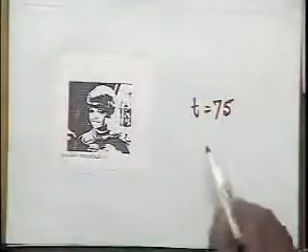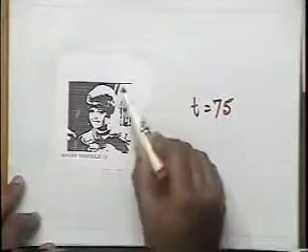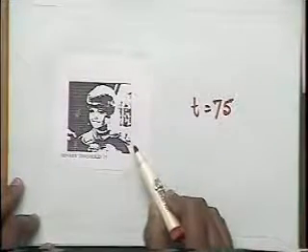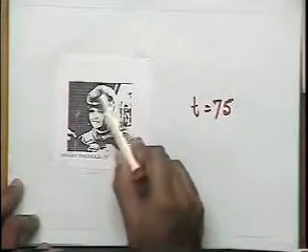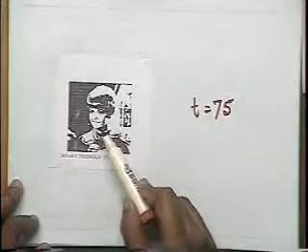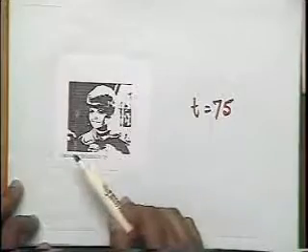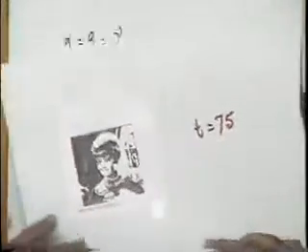By applying the threshold T equal to 75, we have simply binarized the image. The original image has now been converted into a binary image. Whatever you are seeing in white has intensity equal to 255, and whatever you are seeing in black has been made intensity equal to 0.